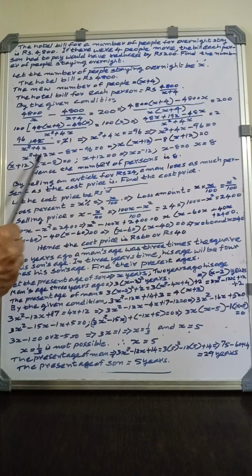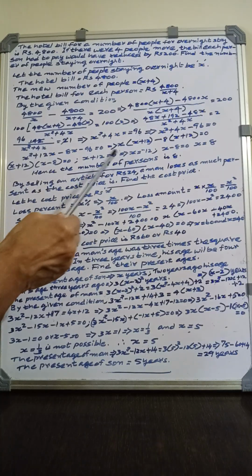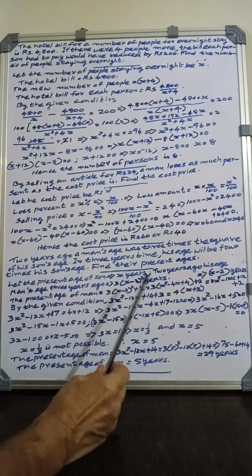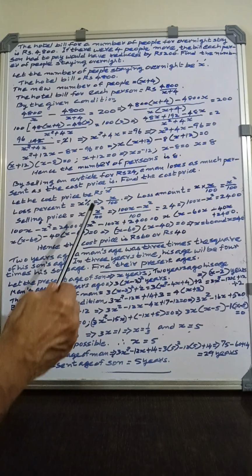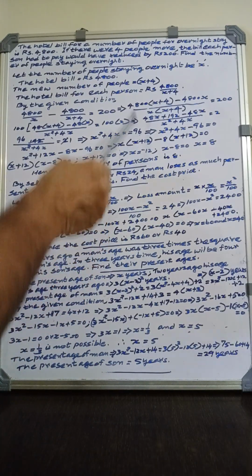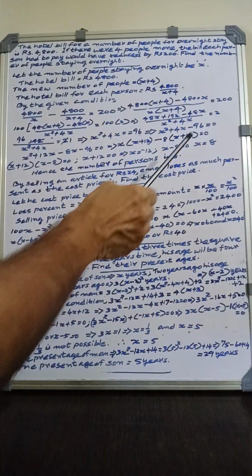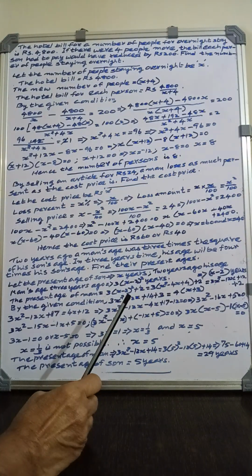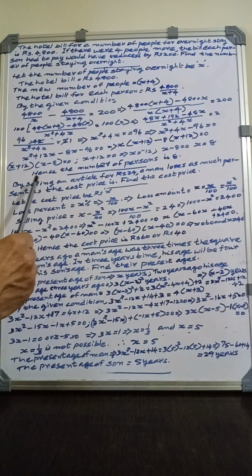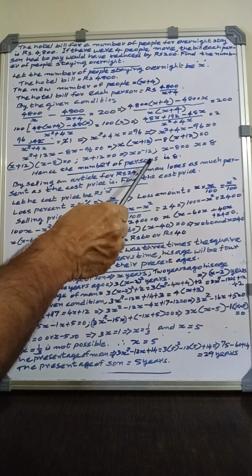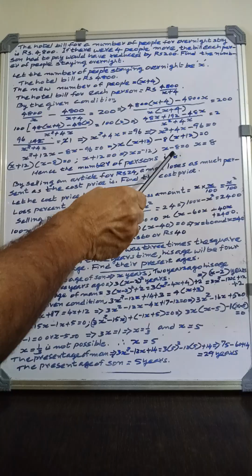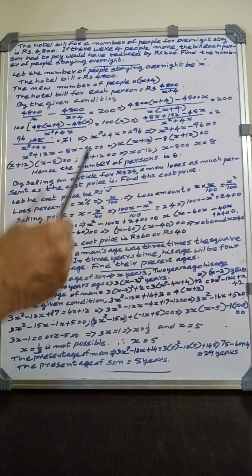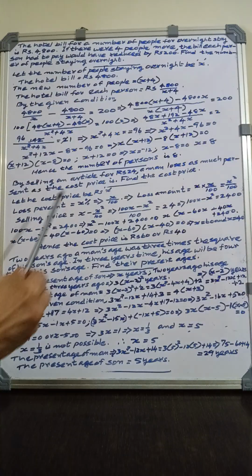That is x plus 12 into x minus 8 equals 0. x plus 12 equals 0, x equals minus 12, which is not possible since x denotes the number of persons. x minus 8 equals 0, x equals 8. In such a way, we get the number of persons staying overnight is 8. Yes, in that way we concluded this question.